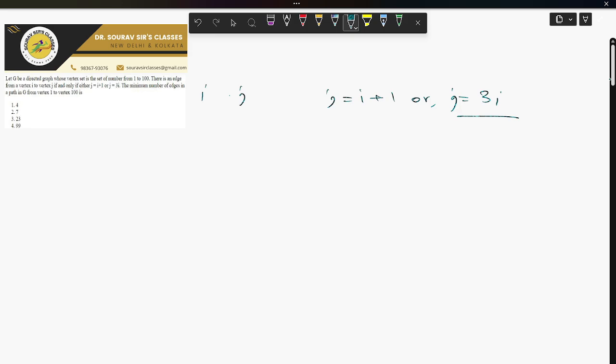The graph allows two types of moves, that means increment by one, where we will go from I to I plus 1, and multiply by 3, where I will go to 3I.